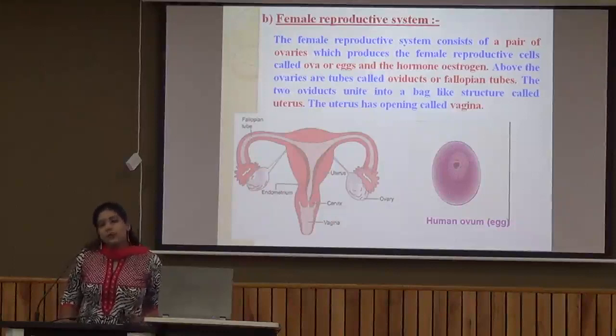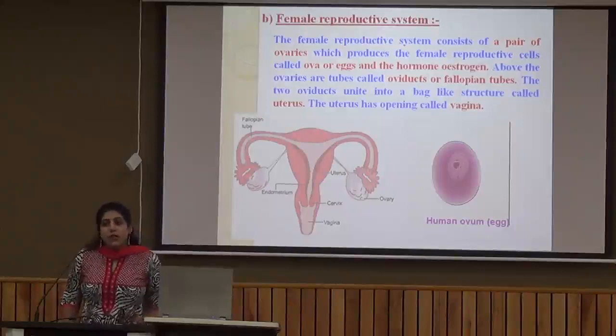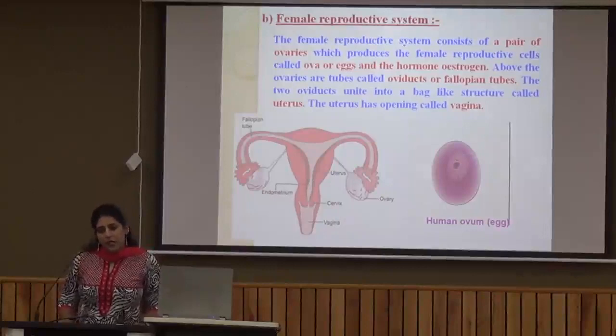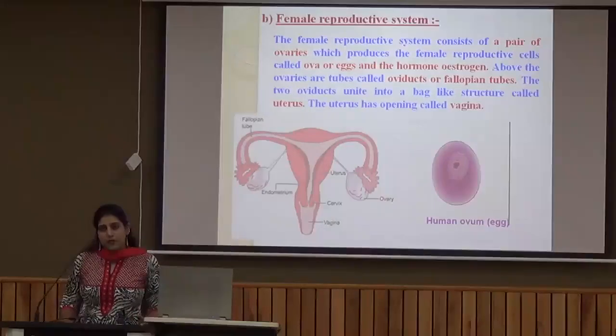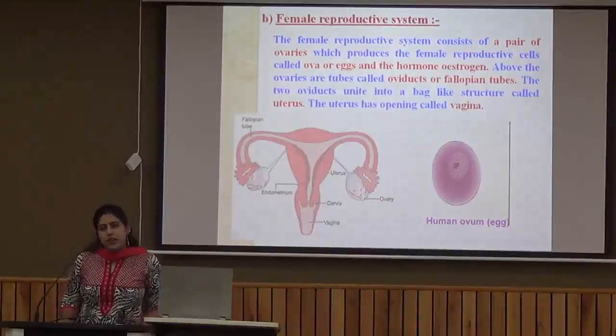In a male body, testosterone is responsible for the development of muscles, broadening of the chest, the voice becoming very masculine and hoarse, and the growth of hair in the underarms and near the region of the penis. In a female, estrogen is responsible for the development of breasts, accumulation of fat in the lower portion, the voice becoming pitchier, and the development of hair in the underarms as well as the region near the vagina.